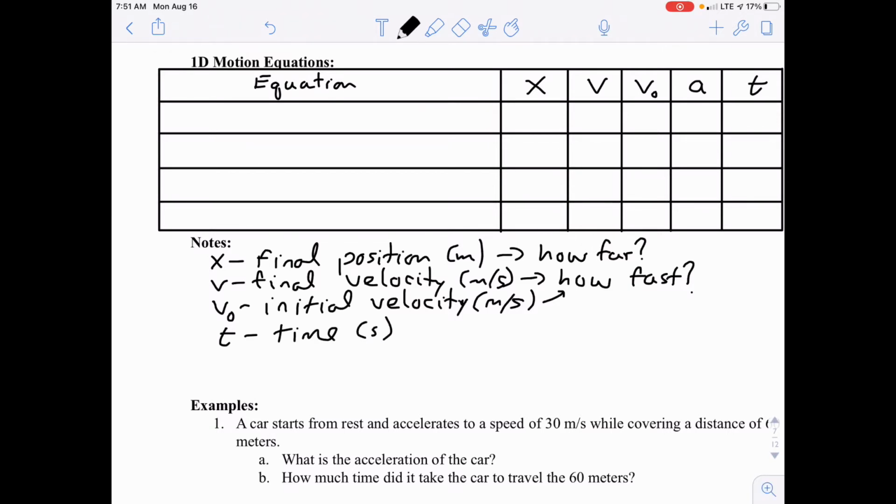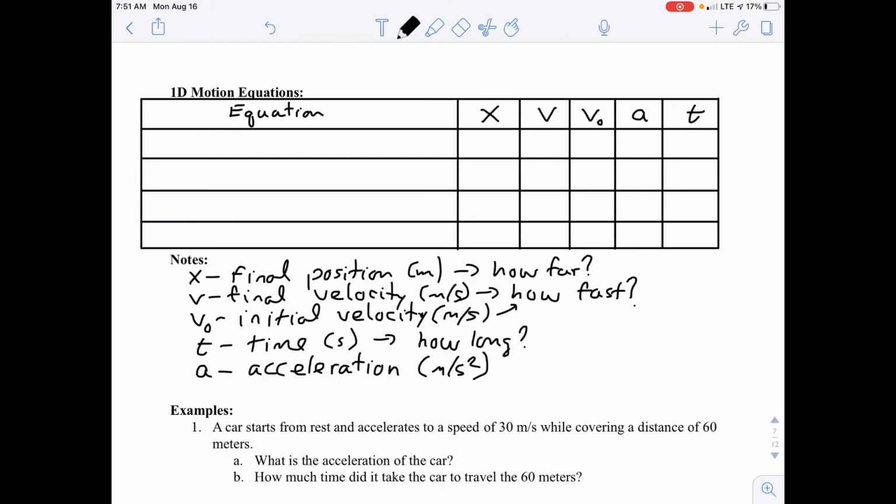Time is in seconds, and you would see the problem asking for time if it asked how long it took for something to do something. Okay, and finally, you have A, which stands for acceleration. Now, acceleration's pretty straightforward. They don't ask you how far, how fast, how long when it comes to acceleration. They just simply ask you for the acceleration. And then it has the strange unit of meters per second squared.